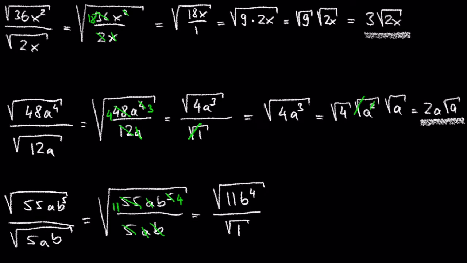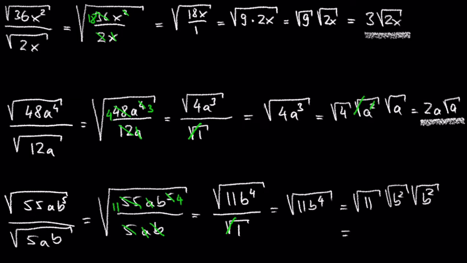The square root of 1 is 1, so we get the square root of 11b to the 4, which we can write with the multiplication law for roots as the square root of 11 times the square root of b squared times the square root of b squared, which is then b squared times the square root of 11.